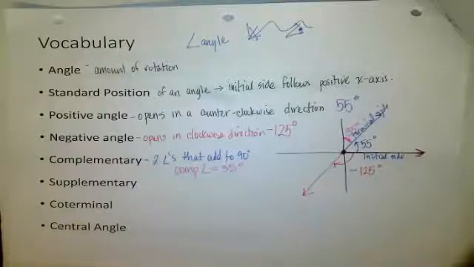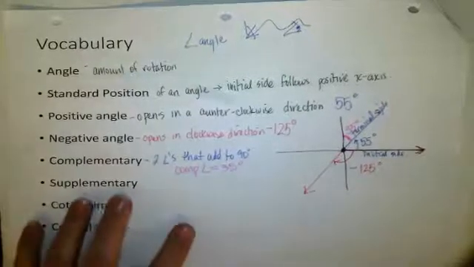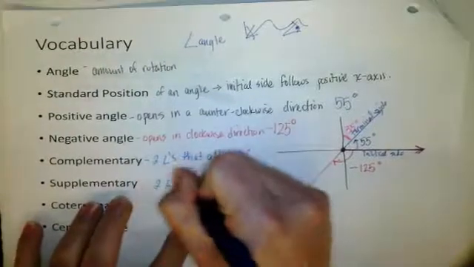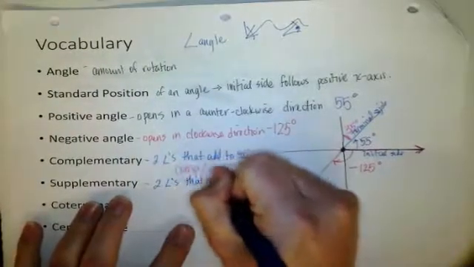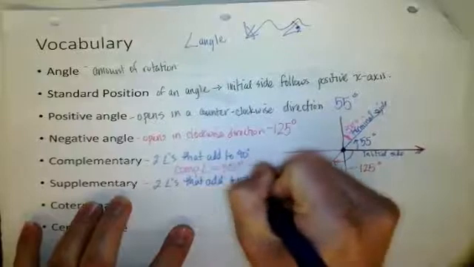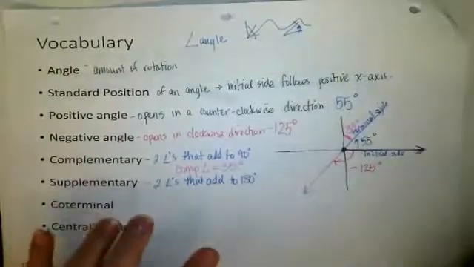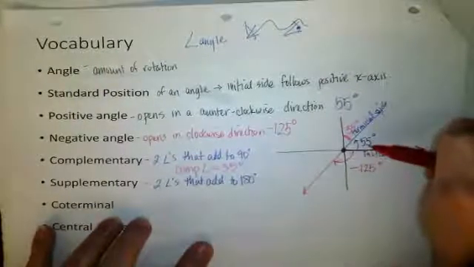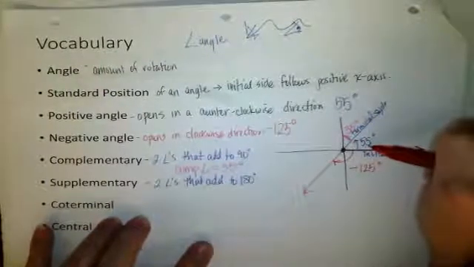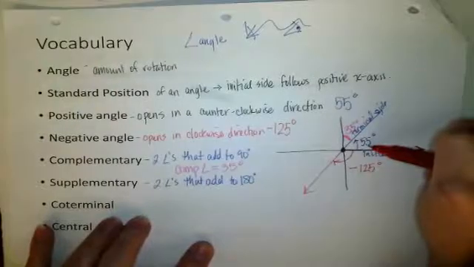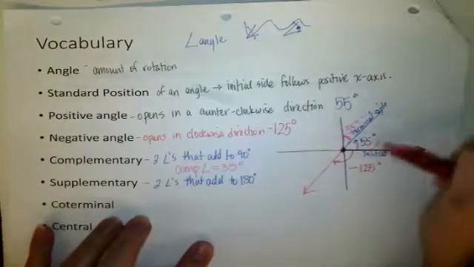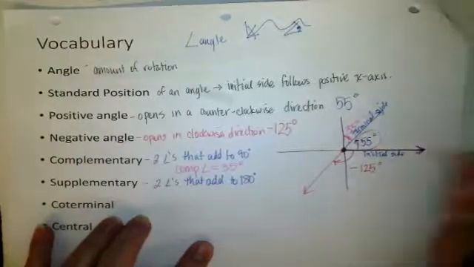All right. What is supplementary then? Two angles that add to 180 degrees. Very good. So what is the supplement to the 55 degree angle?